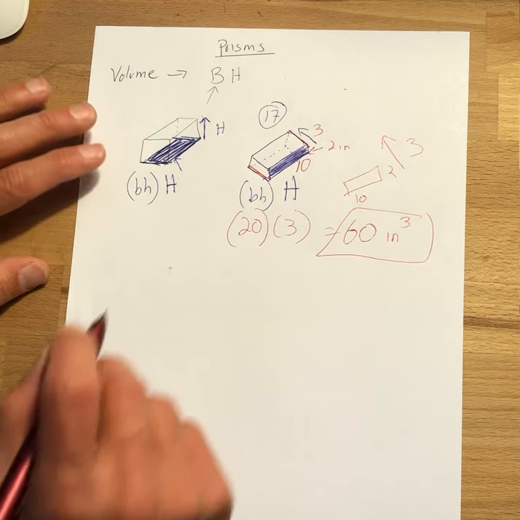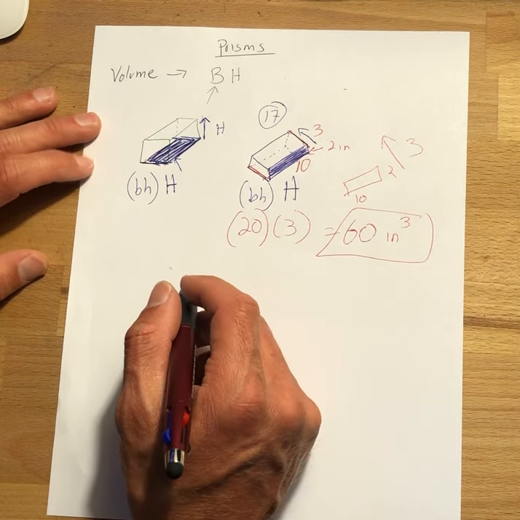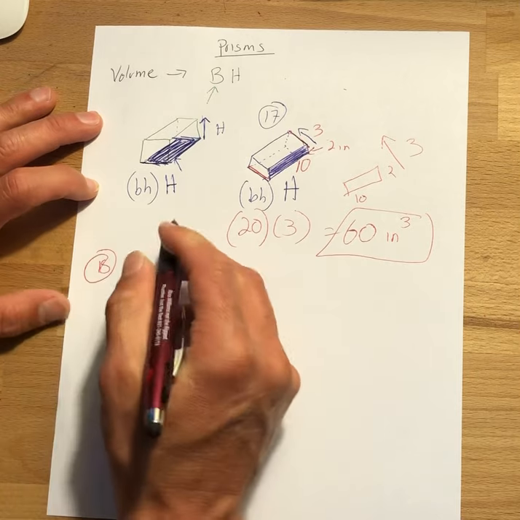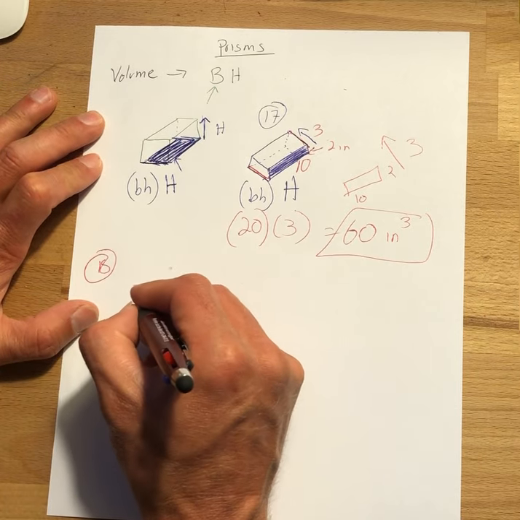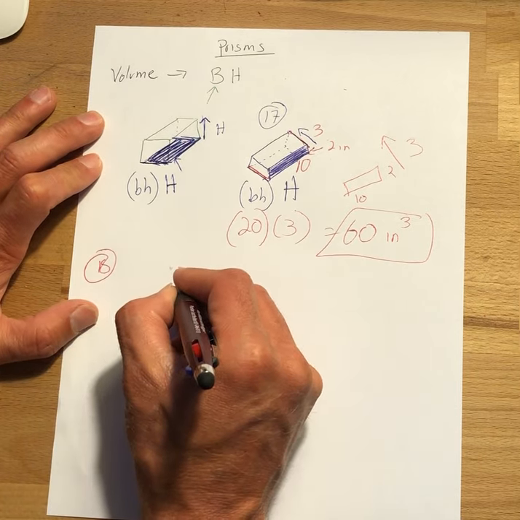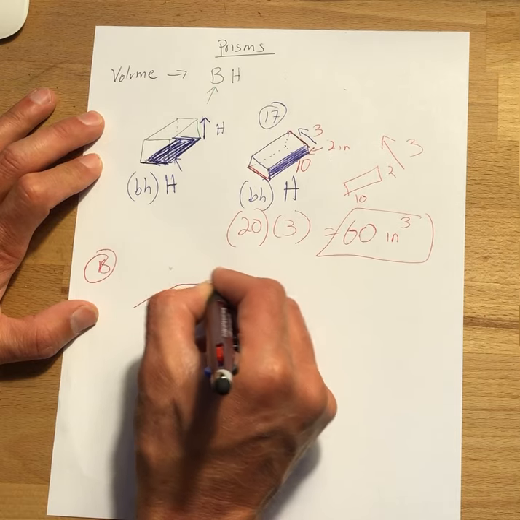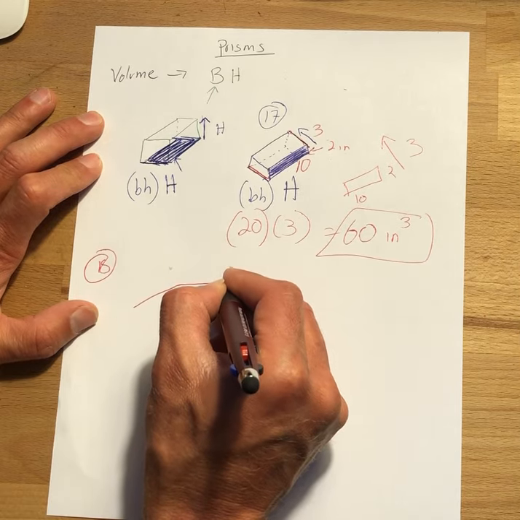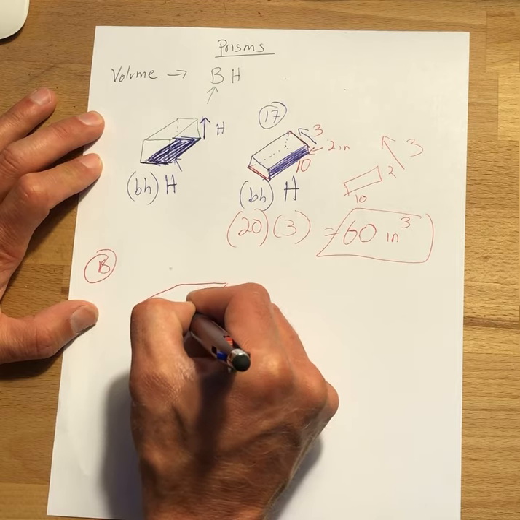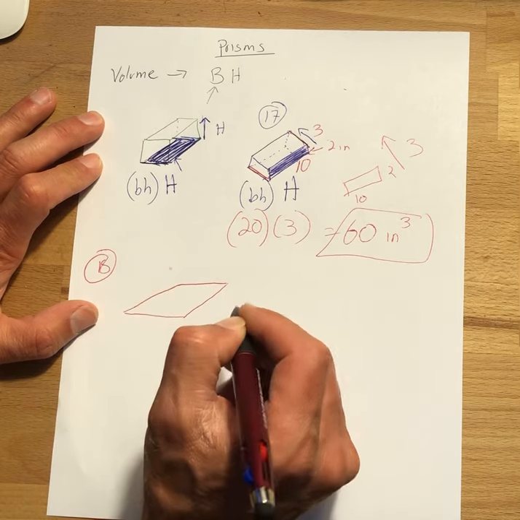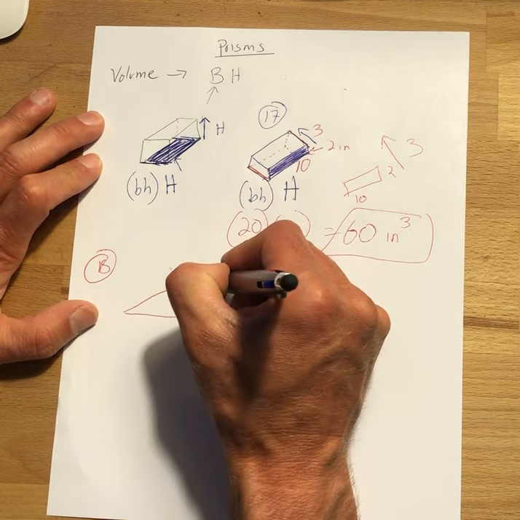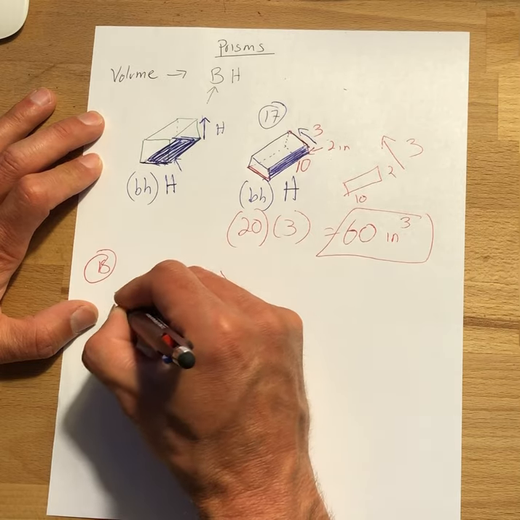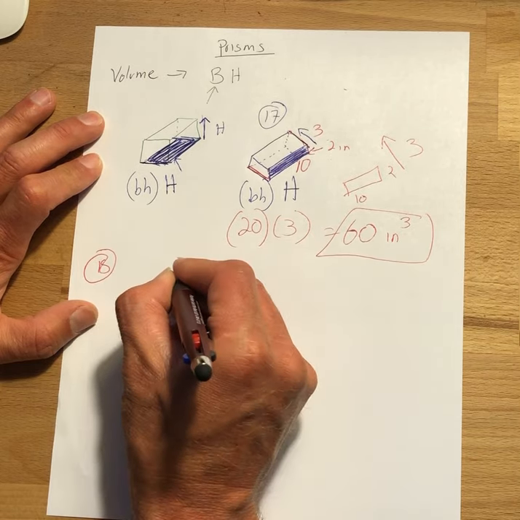All right, let's see if you can do number 18 in the example questions. In the example questions, it gives you a longer rectangle. Oh, this is a horrible drawing.